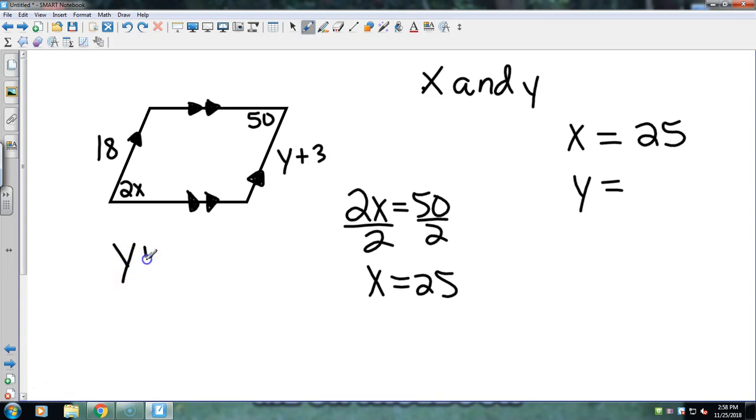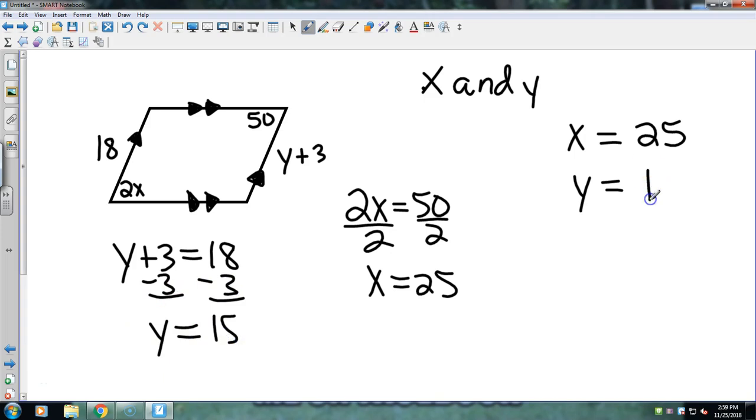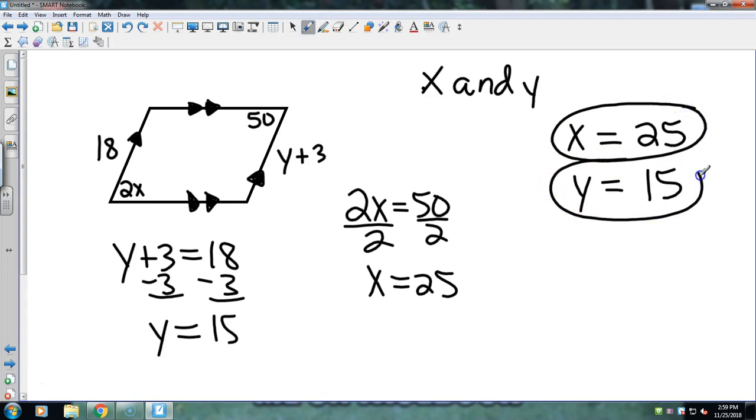So we're going to have y plus 3 equals 18. I subtract 3 from both sides. That gives me a final answer of y equals 15. So I'll put that over here. So x is 25, y is 15. And that brings Chapter 7, Section 2, Parallelograms, to a conclusion.